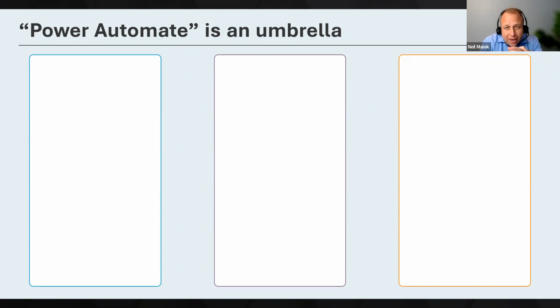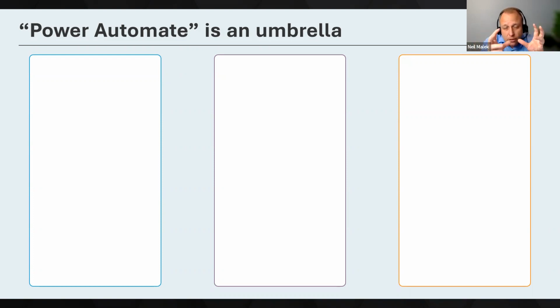So a few years back, Microsoft invented a new product called Microsoft Flow, which was supposed to replace SharePoint workflows. And it was supposed to be across the different cloud services. And then their eyes got a little bit bigger, and they decided that they would instead make a really big product called Power Automate that had different things under it that were a little bit dissimilar from one another.